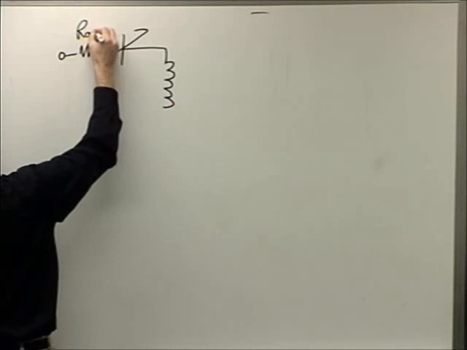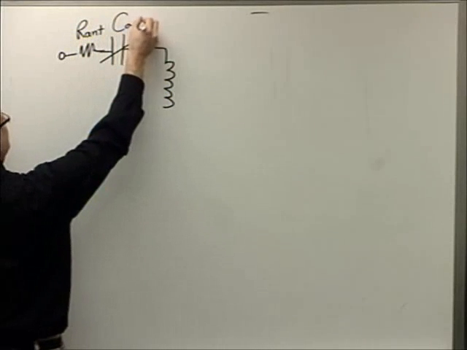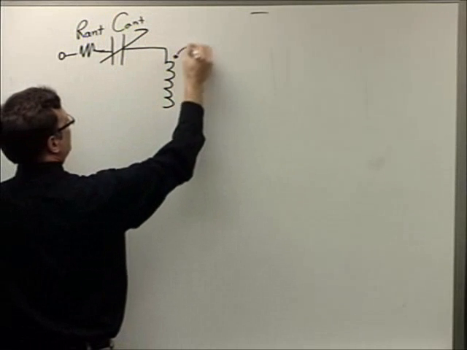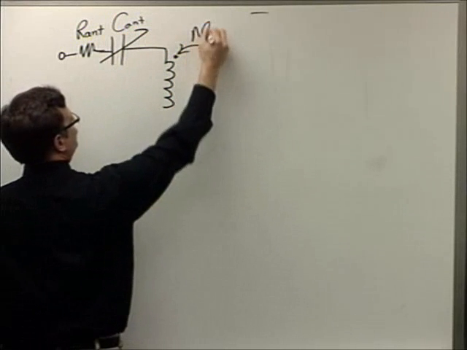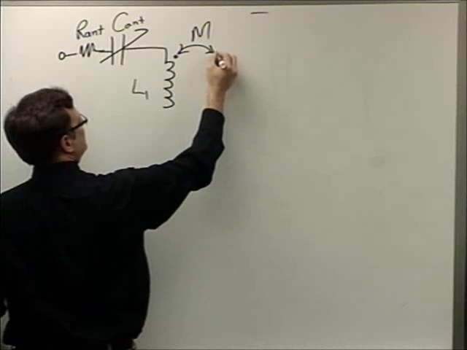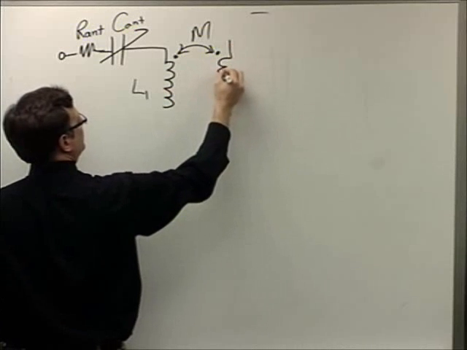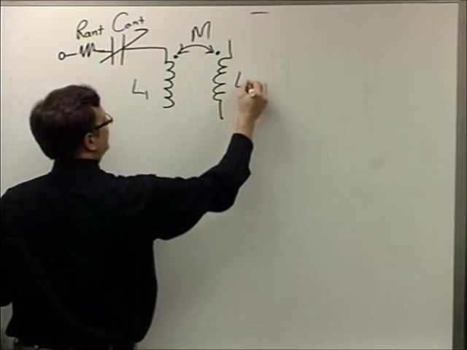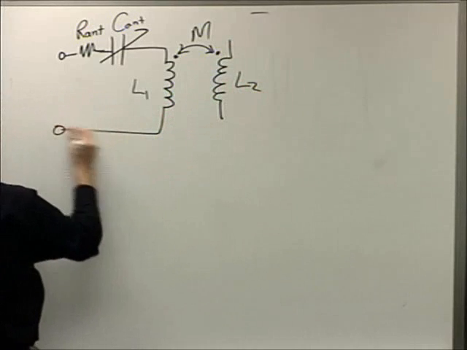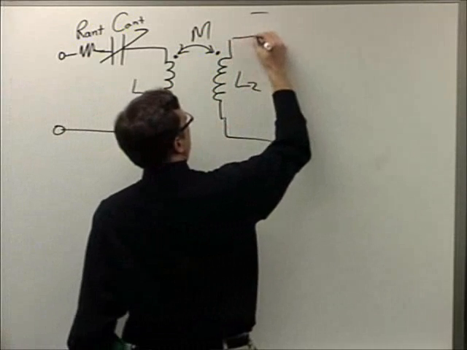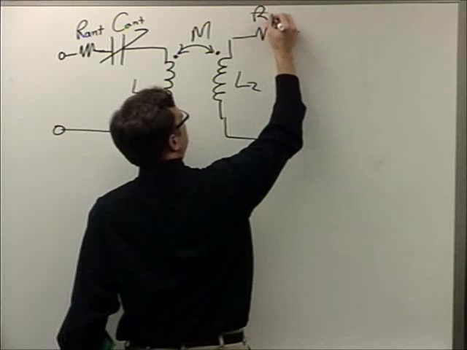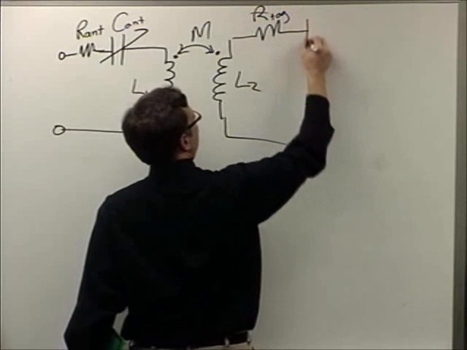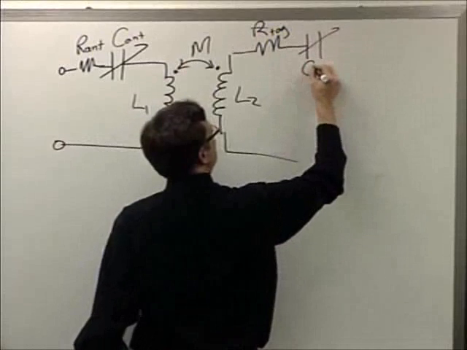Call it R antenna. This will be C antenna. Mutual inductance, self-inductance number 1 of the reader. Self-inductance number 2. You'll get some tag resistance, R sub tag. And we'd like to have a variable capacitor in here.